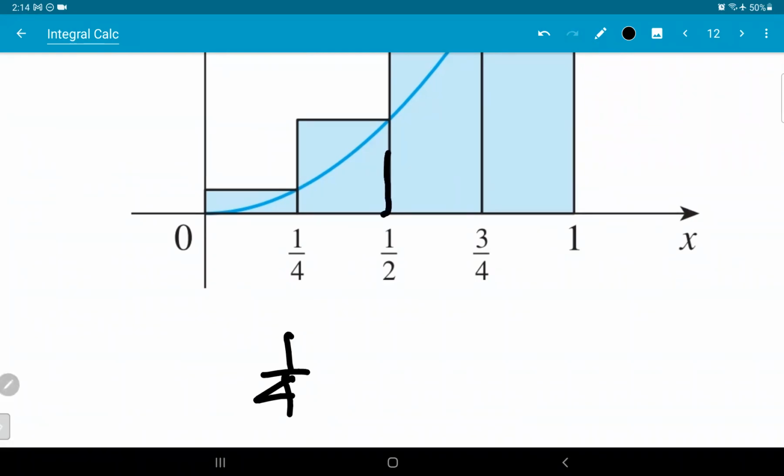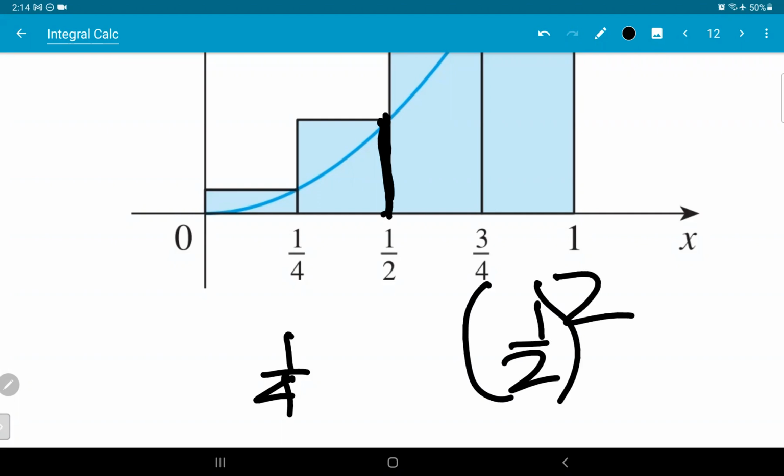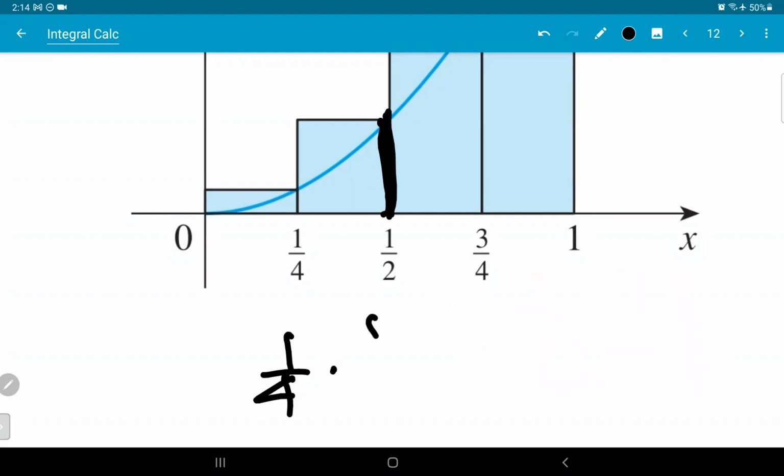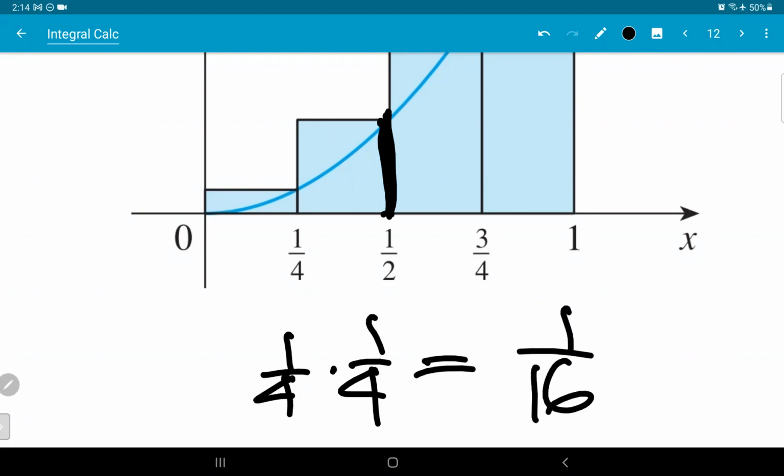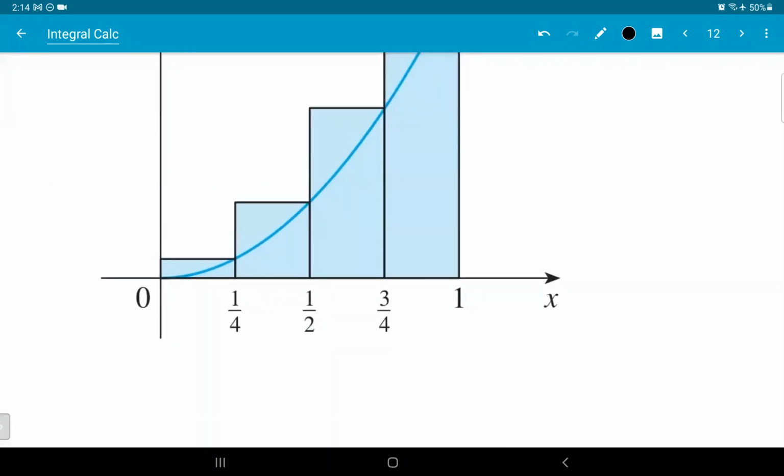This is 1/2. So the height is f of 1/2, right? Yes, 1/2 squared, that would be 1/4. Yeah, you already gave the area. So 1/4 times 1/4, that would be 1/16. Of course, it should be greater than the previous rectangle. So 1/64 and then 1/16. And then you do it for all of the rectangles.